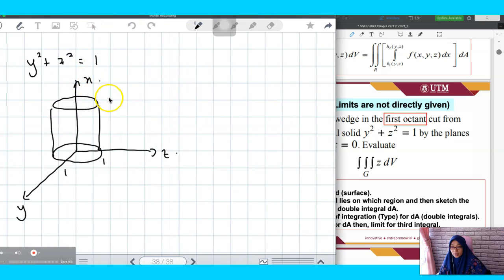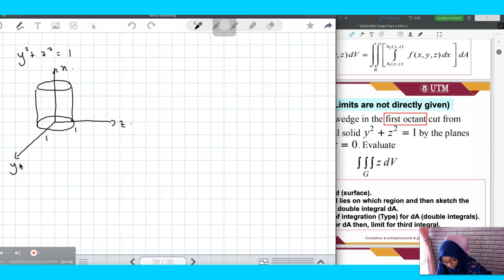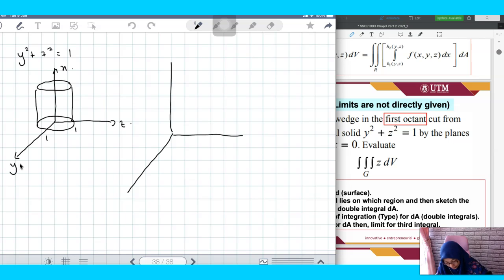Because we want the graph to be only x positive, y positive, and z positive, the correct one is just a quarter of the circle on the yz plane, and then when we do the projection, we have this one.